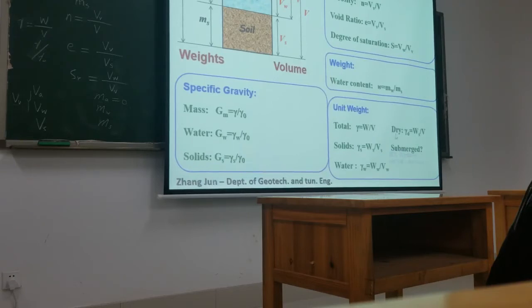And here, for dry soils, no water, only soil particle and air, because dry soils. And the unit weight means Ws divided by V, one volume.